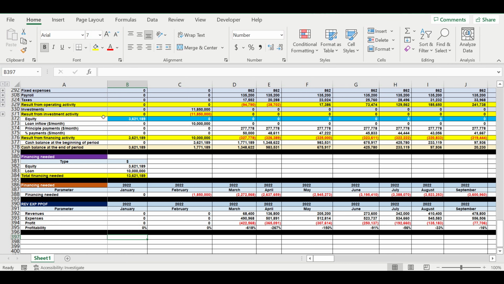And this whole playlist is for you, so you can build your own financial model from scratch, set up your inputs and see what the values of revenues, profits, and payback period will be. And if you are taking a loan, you've got to know how this loan affects your profits.